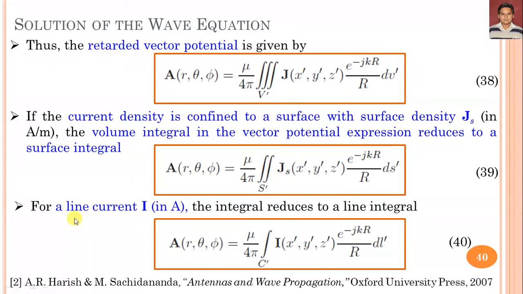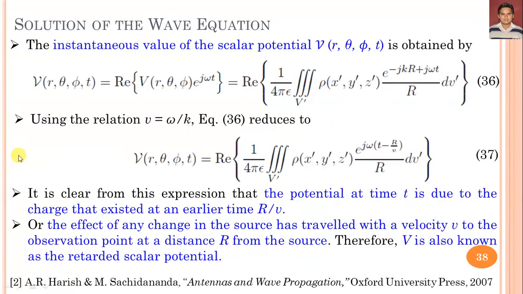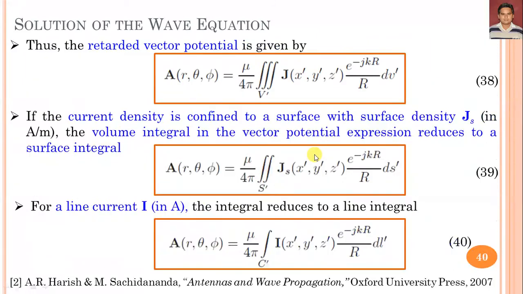So the retarded vector potential is A(r, theta, phi) equal to mu upon 4 pi, volume integral of J(x', y', z') e to the power minus j k r upon r into dv'. From this equation we can get the retarded vector potential function, which we represent as equation 38.